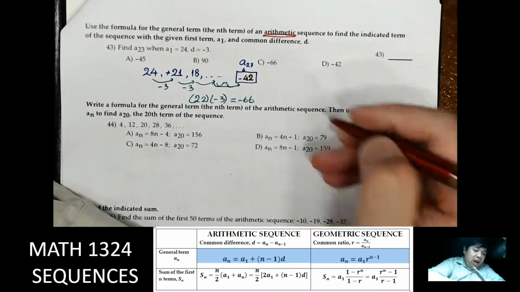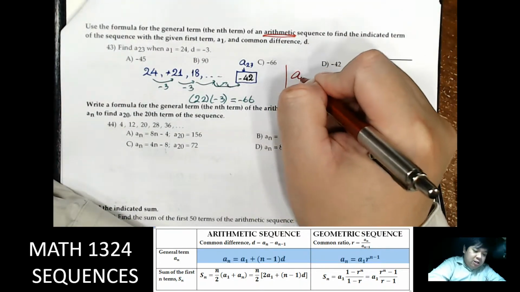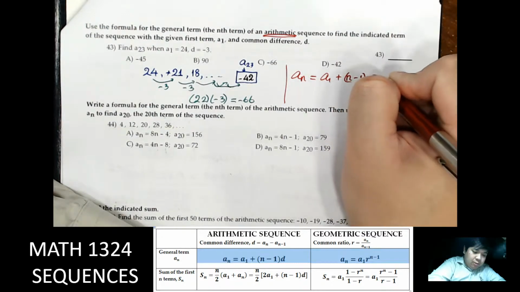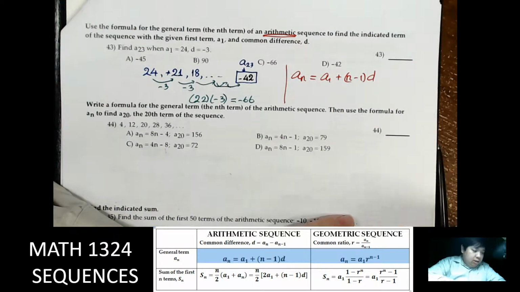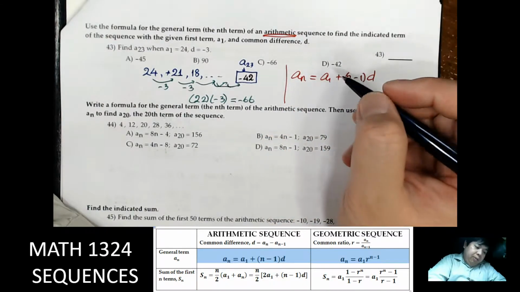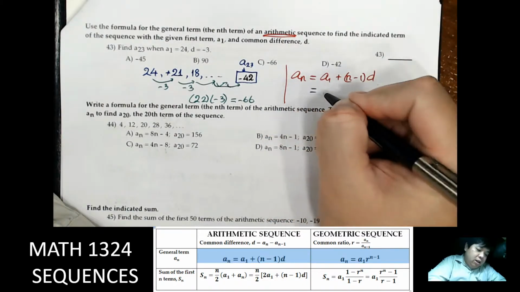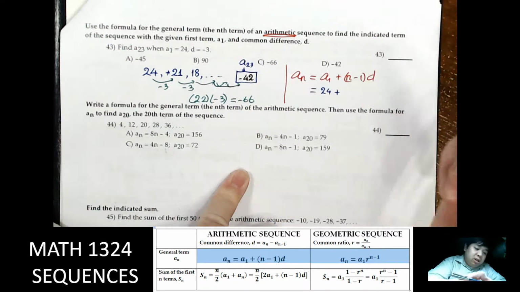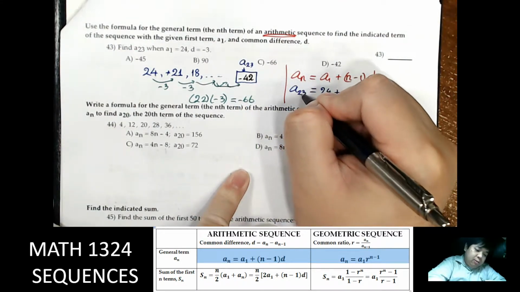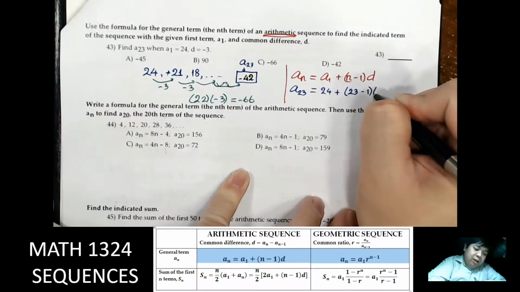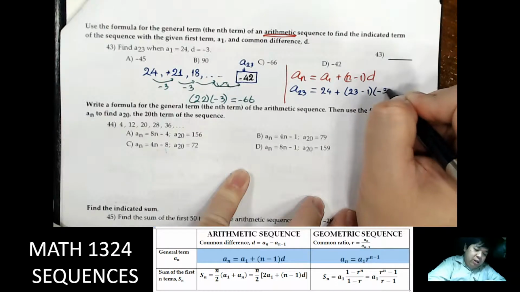Now if we do have the formula for that, a1 is the first term, 24. We want the 23rd term, so put 23 in for n. d is negative 3.